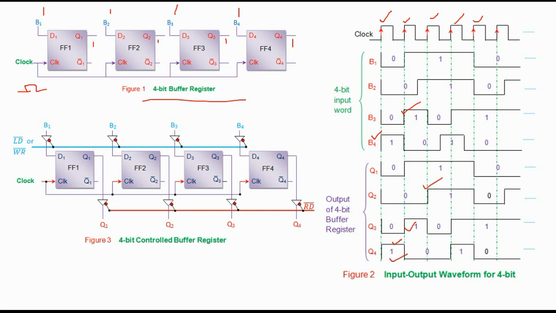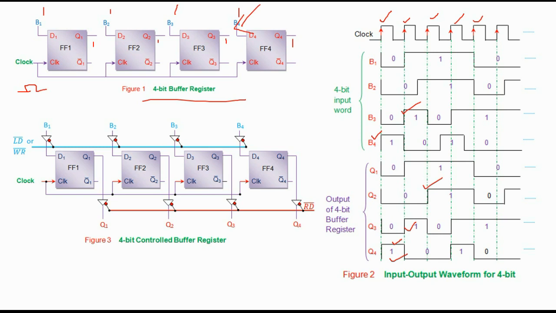Okay, this is about the 4-bit buffer register, but we do not have any control over its inputs and outputs. It can automatically sense whatever input data you are getting to the output, but we do not have any control on it.